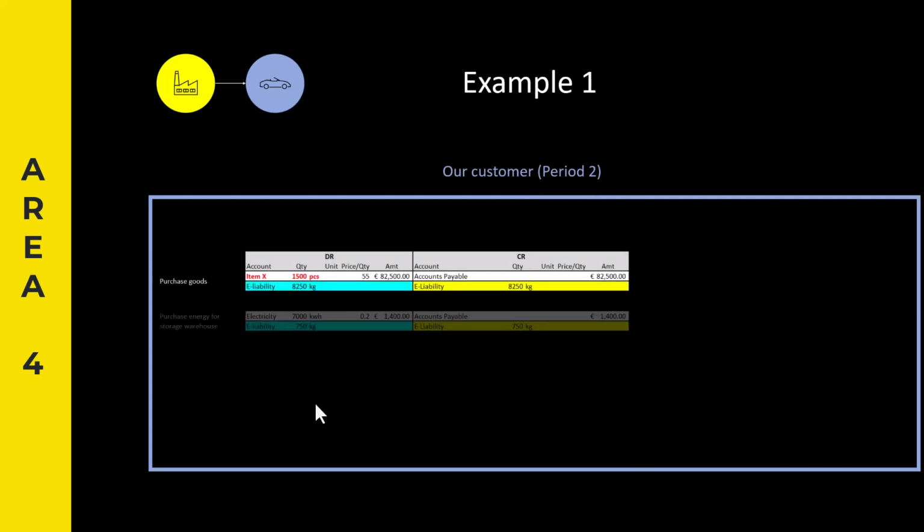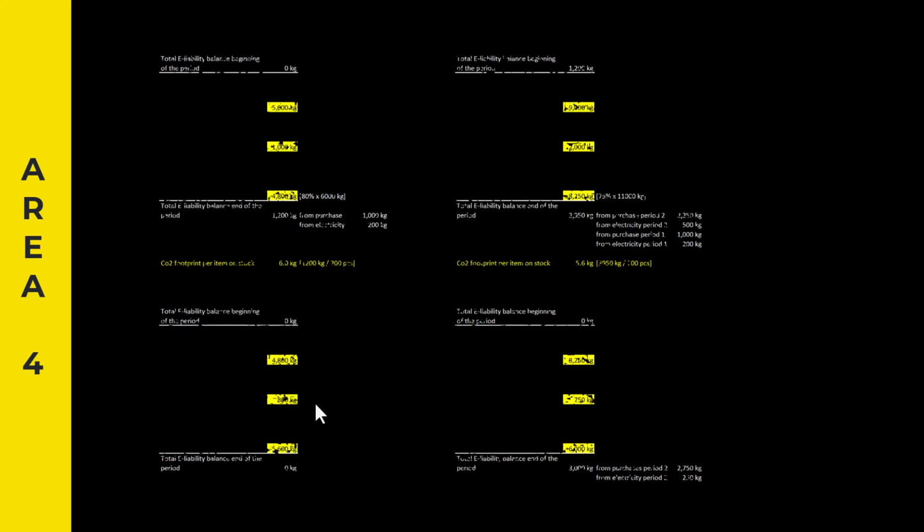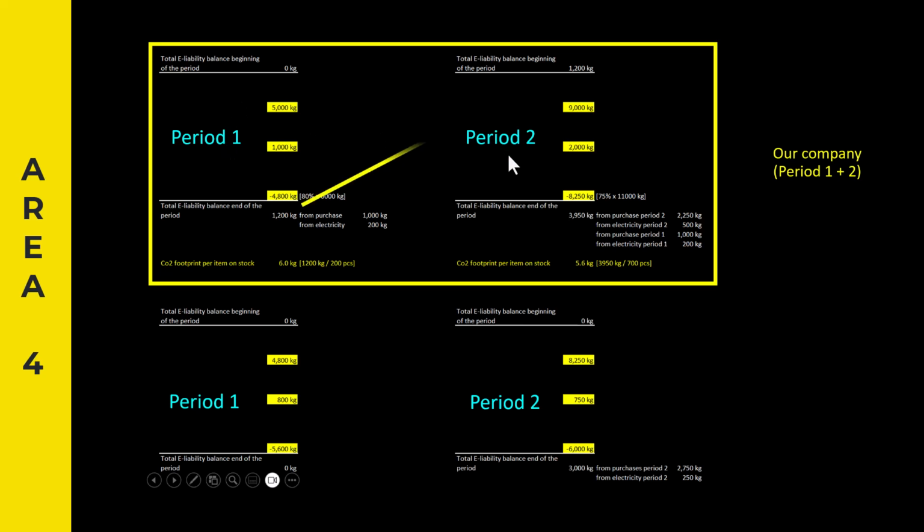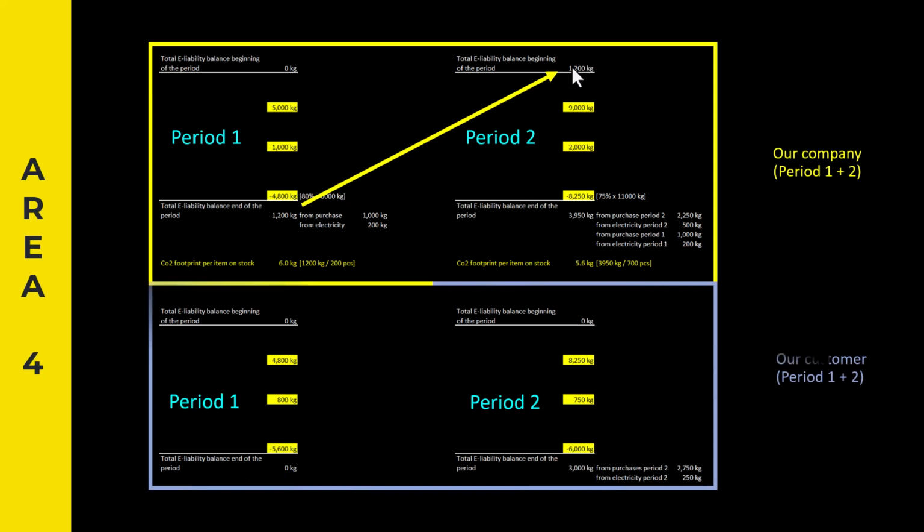So let's quickly go over that to see the whole concept here. So on top, we have our company in the first and the second period. And what you know from accounting is the closing balance in period 1 is the opening balance in period 2, and so on. So it's an accounting principle. And the same applies to our customer, where the closing balance equals the opening balance.